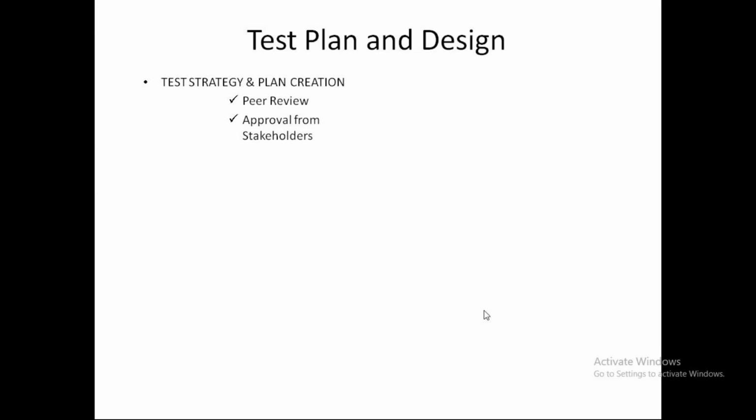So ideally, you tell the stakeholders that you will share the test plan document offline, but for the test strategy you do the walkthrough, and then you request approval from the stakeholders for both documents, the test strategy as well as the test plan. So that is the first major activity in the test plan and design phase.